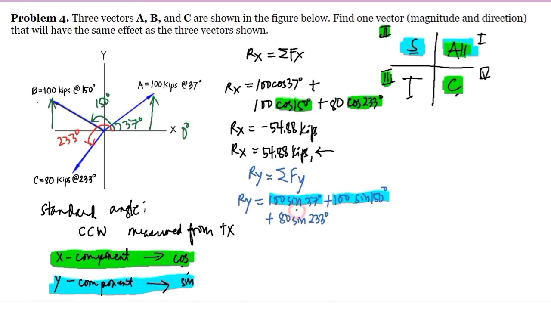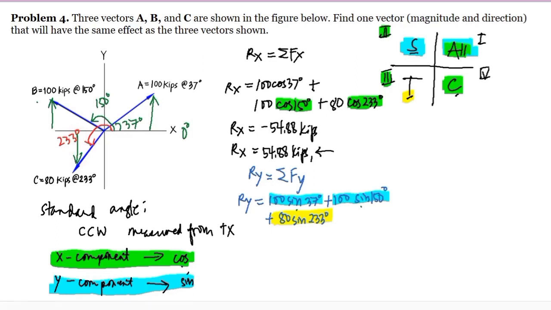While this 80 sine of 233, since it is in quadrant 3, and only the tangent and the cotangent are positive in quadrant 3, this component will be negative, directed downward.